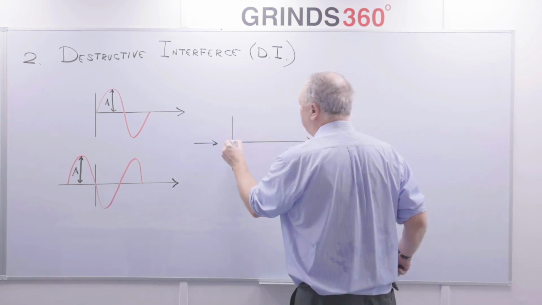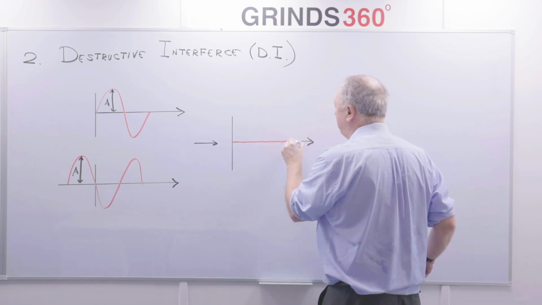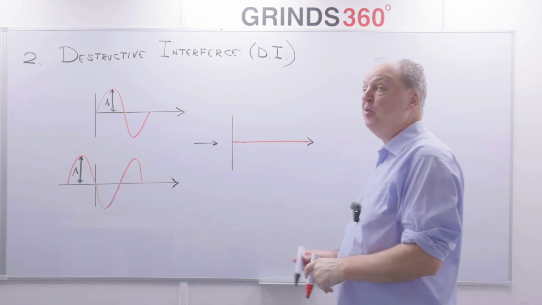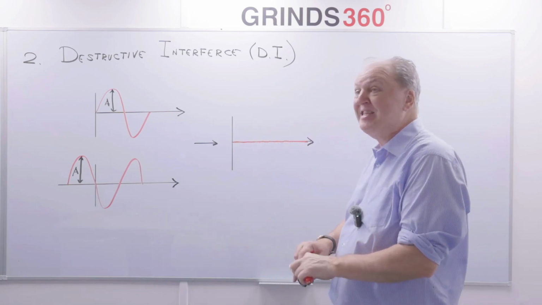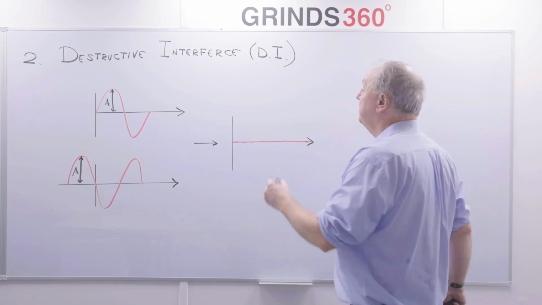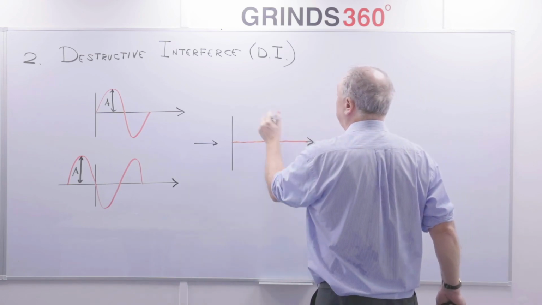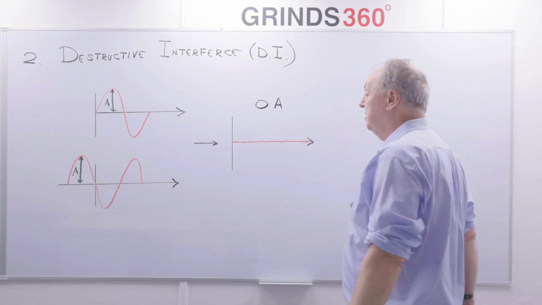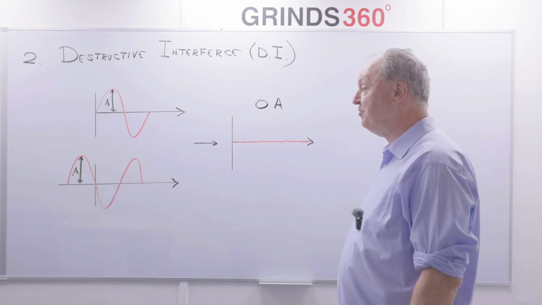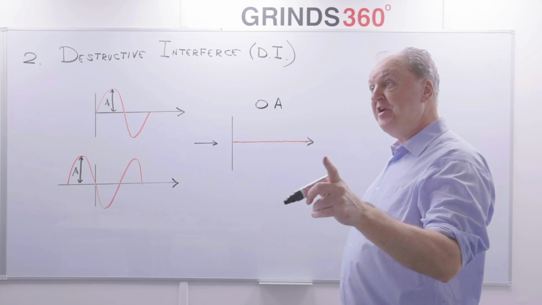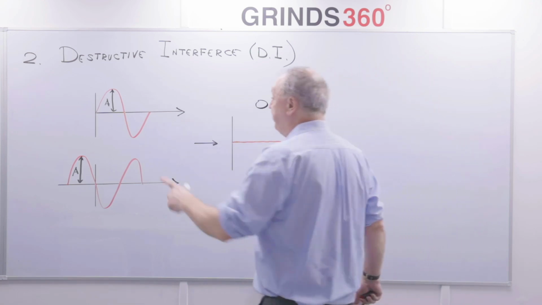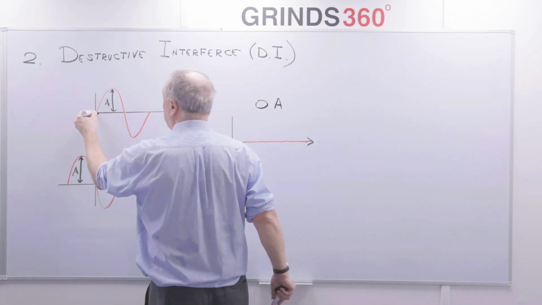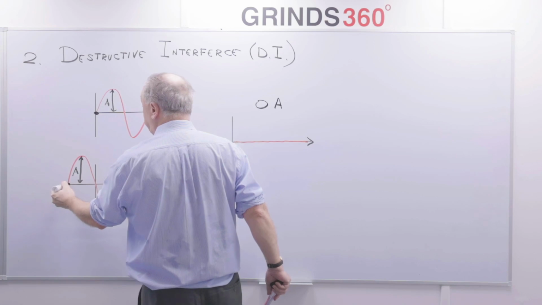So crest meets trough, trough meets crest, and as a result of that, the waves will completely cancel. So here's my wave here. You might get a little bit of a ripple. Essentially, the wave has disappeared. Your signal has been lost. The overall amplitude here will be 0, zero amplitude. What's occurred here? Well, these two waves, that starts there, that starts there.